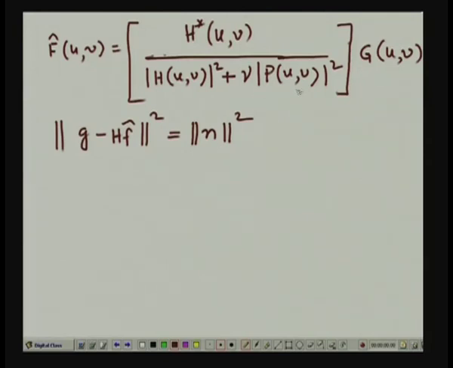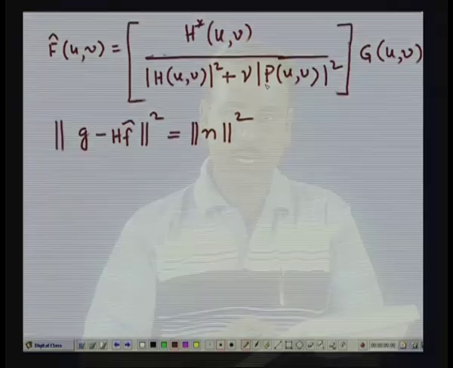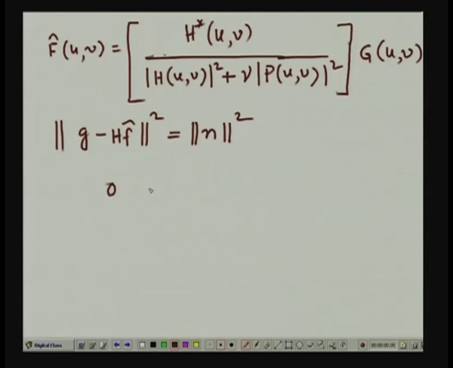And this term P(u, v) is the Fourier transform of the mask given by 0 minus 1 0, minus 1 4 minus 1, 0 minus 1 0.